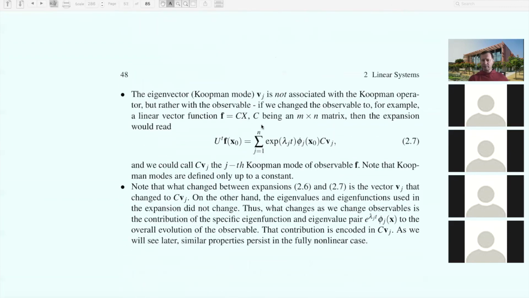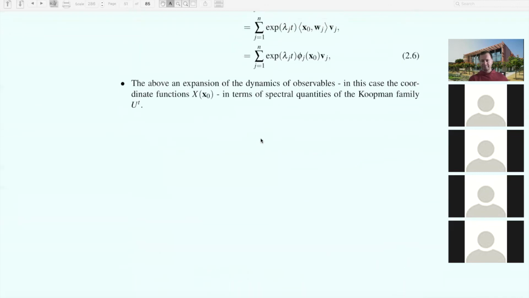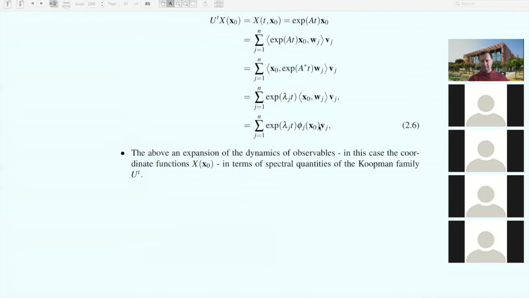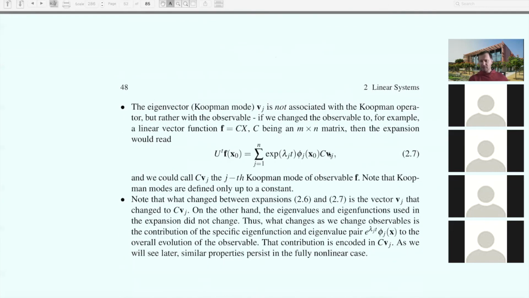But if we chose, for example, some m by n matrix C applied to the states, and called that f, to obtain a new linear vector observable, then the expansion changes, as is simple to see because I could just multiply that by C from the left and obtain C v_j here.